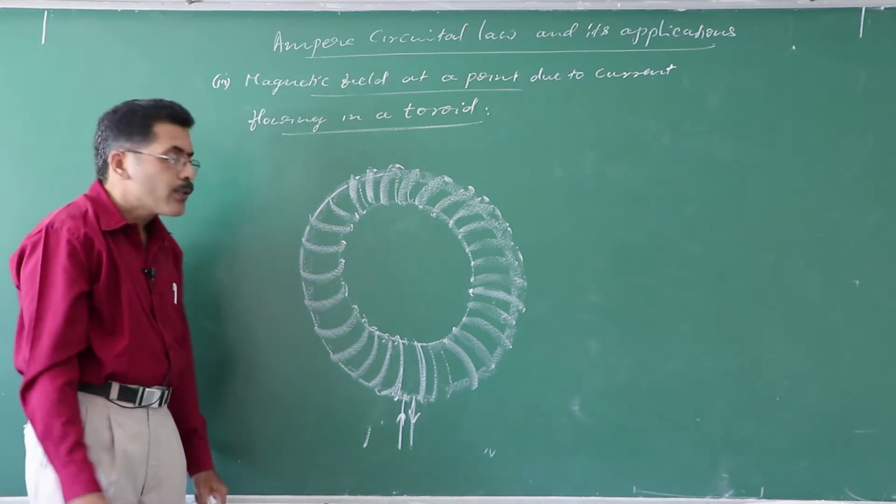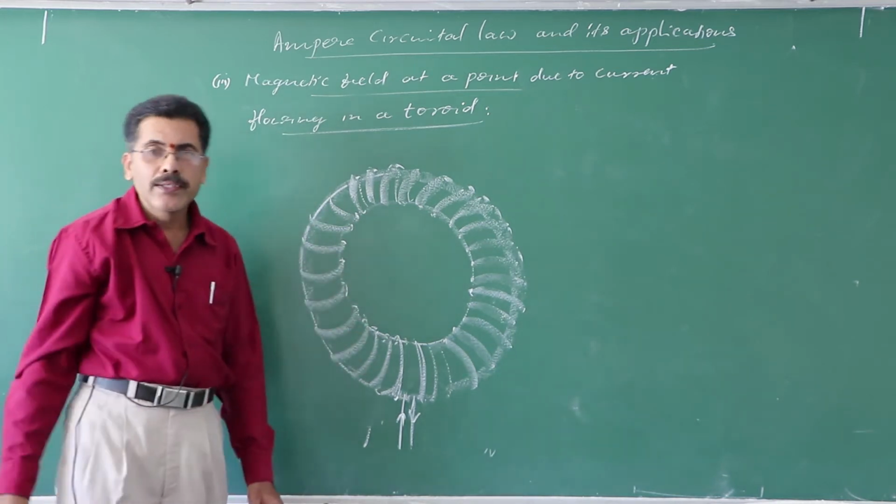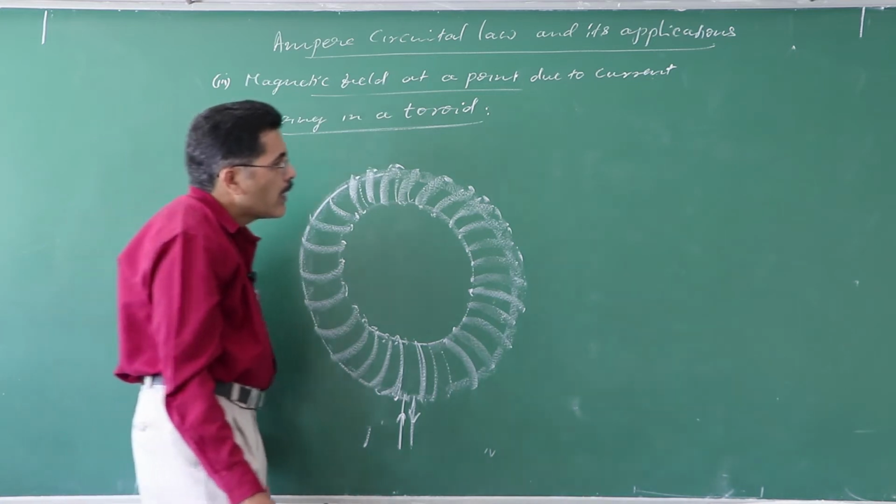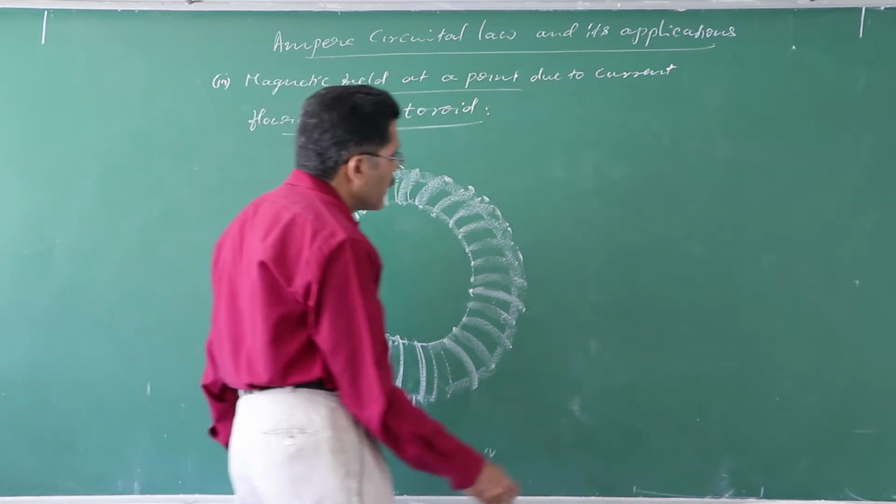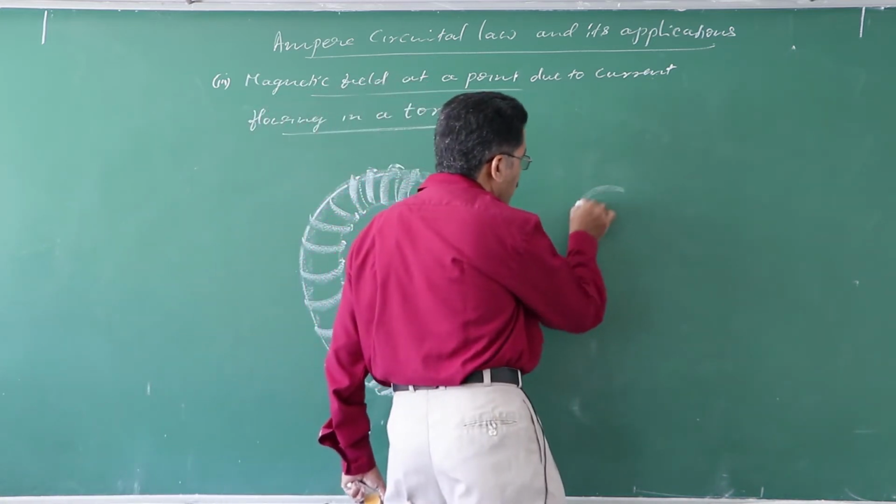When current is passed through this toroid, magnetic field is produced. To understand this, I just take a schematic diagram.